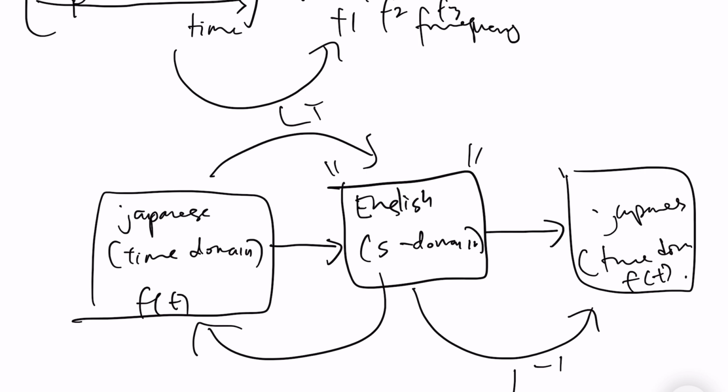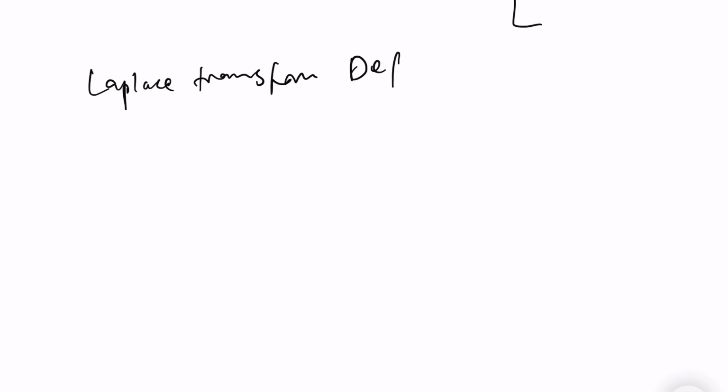now that you understand the function of Laplace transform, we will look at the formal definition of it. The Laplace transform of a function ft. Okay, the Laplace transform of the function ft.